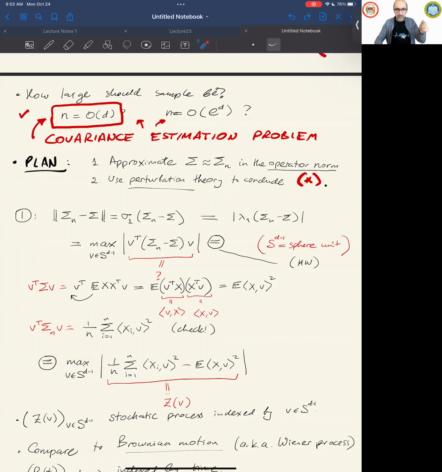So I'll take the union bound of exponentially many events, but the union bound of exponentially small probabilities. They will cancel each other, and that's the plan. That's called the epsilon-net method. And then we'll talk about perturbation theory a little bit, first order perturbation theory, and we'll have covariance estimation.